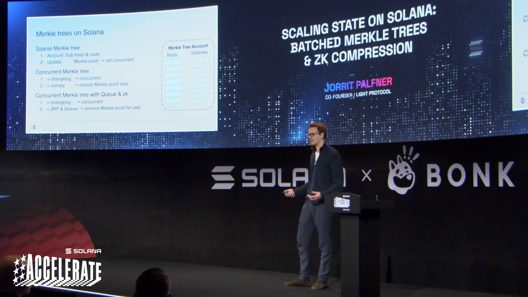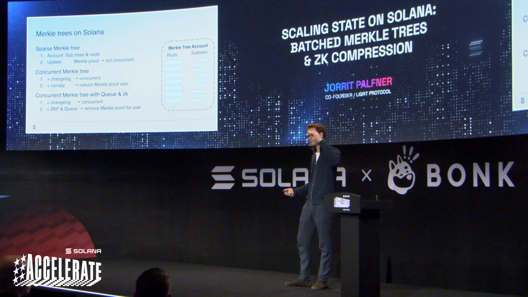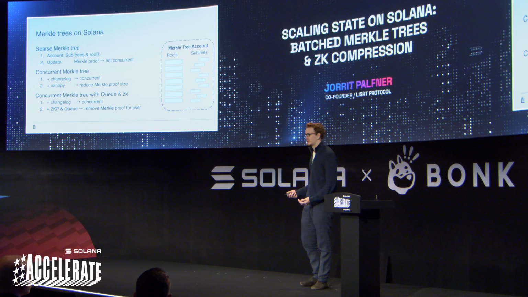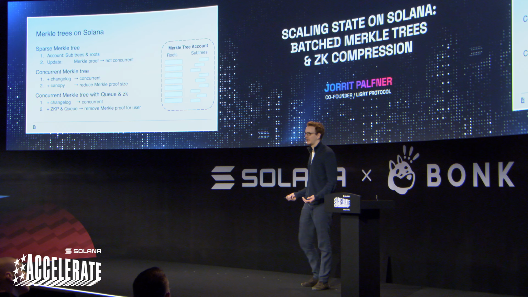You still have this overhead of sending the Merkle proofs in your instruction data. You can mitigate that using a canopy. So you store some more nodes on chain in your account, making your Merkle proof shorter, but your transactions will still fill up very quickly, in particular if you use more Merkle proofs.